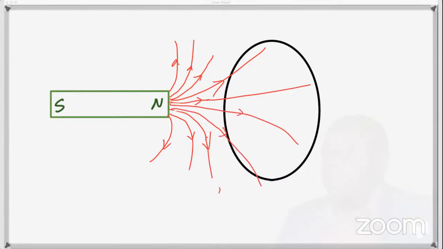Okay, so these lines extend to infinity. So you can extend this all the way around, and there are infinitely many of these lines. I'm just illustrating a few.